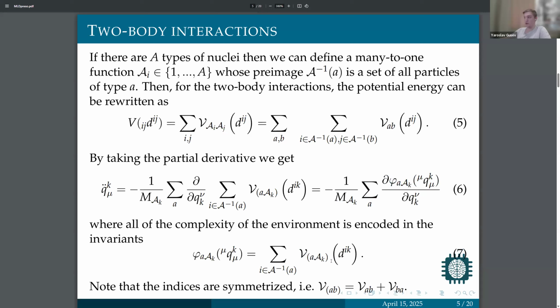It might be a nonlinear, more complex function of distances to other particles. And another important comment is that if you define your total potential energy, then your indices would be symmetrized there. So the invariant phi given by equation 7 should be symmetric with respect to permutation of its indices.